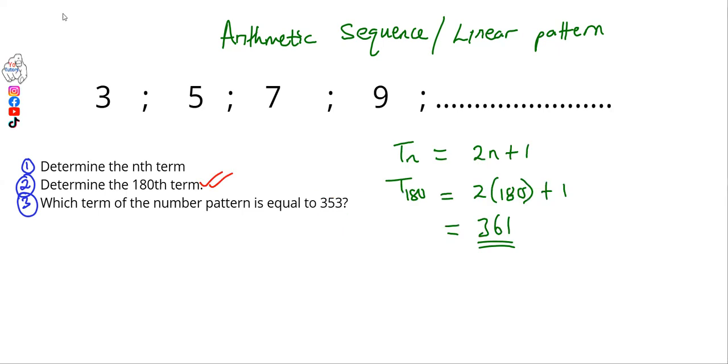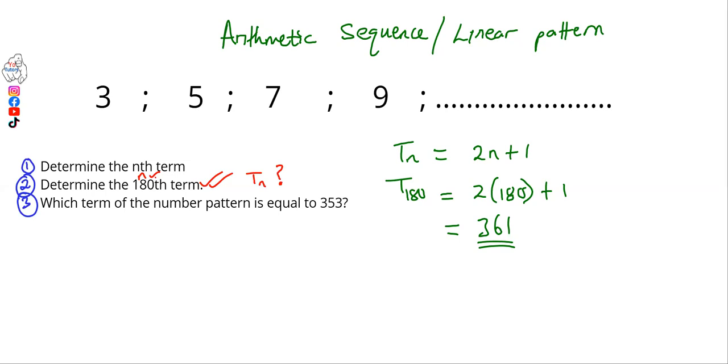On the previous question, I forgot to tell you, we were given n. So n is given, which is our 180, and we are looking for T180, so we are looking for Tn. This is what we're looking for.